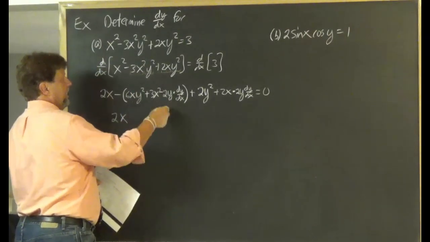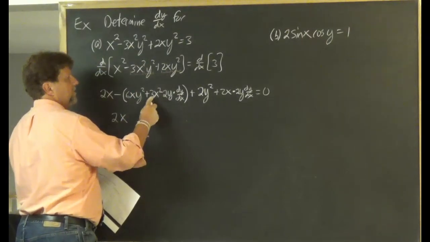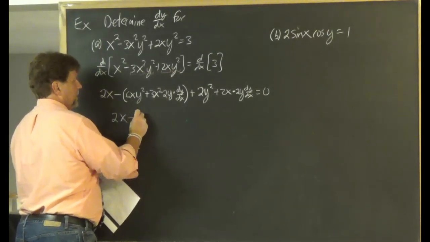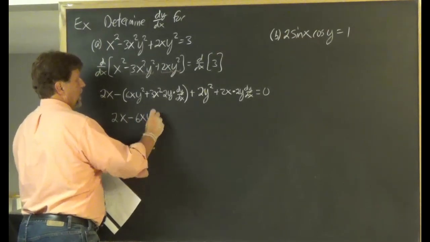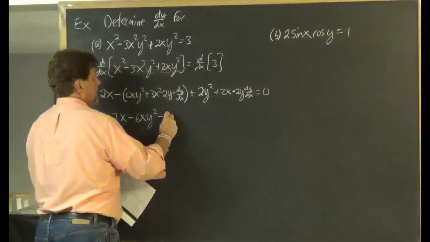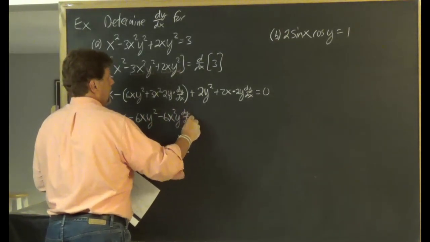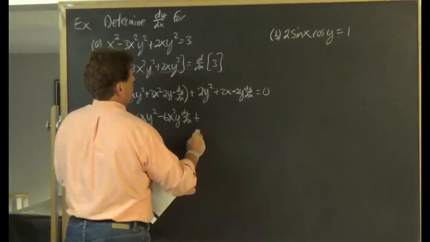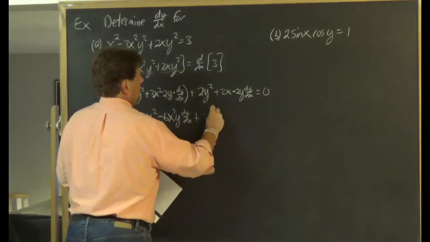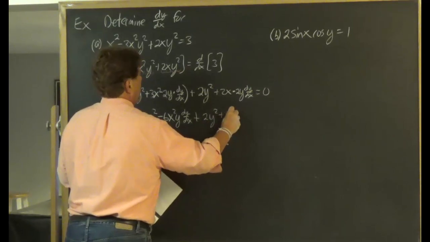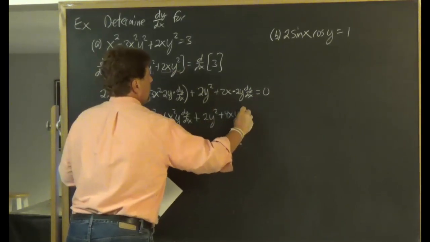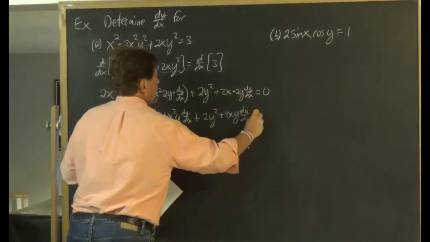I'm going to distribute the negative, and I'm going to multiply these two things together at the same time. So it's a minus 6xy squared minus 6x squared y dy/dx plus a 2y squared plus a 4xy dy/dx.